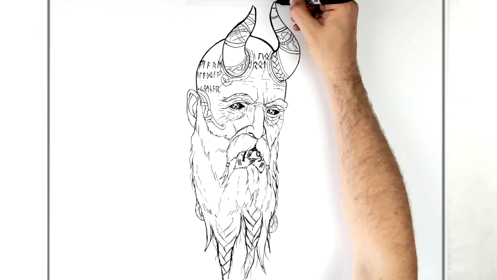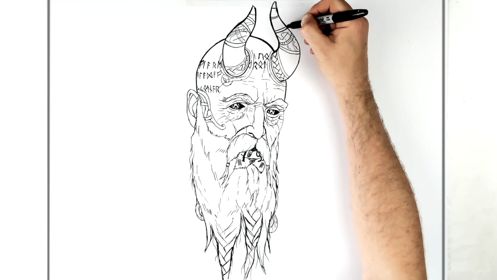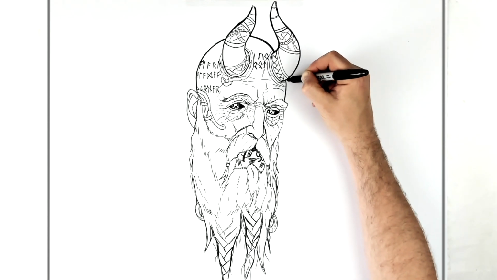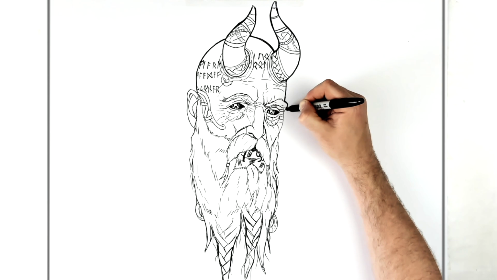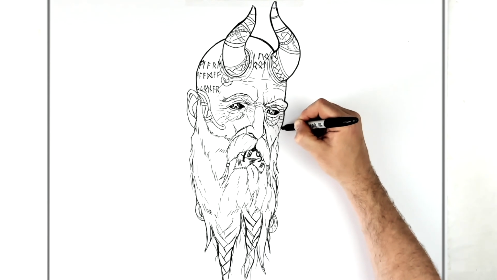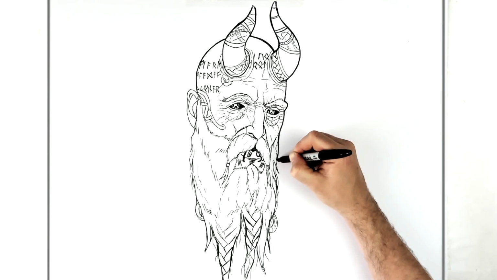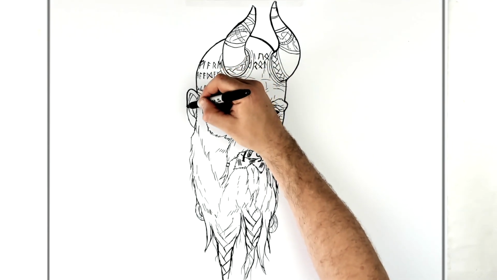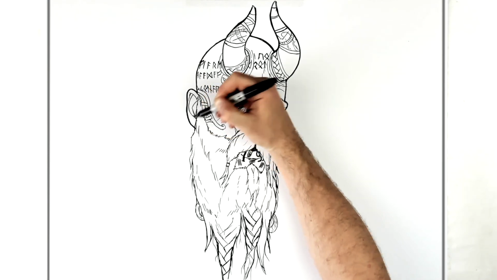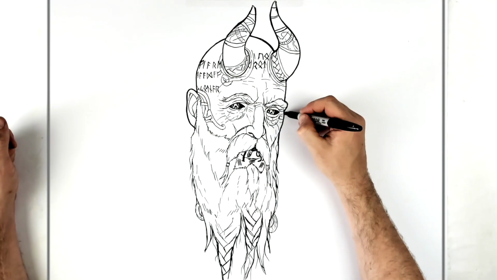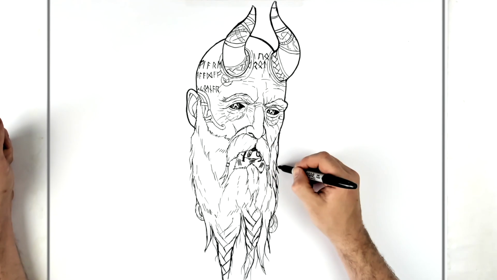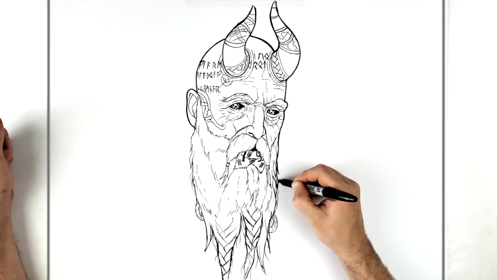This is optional, something that I like to do. I think it helps the character and the drawing itself. It just makes it look a bit more dynamic, so different line weights make different parts of the drawing more interesting.